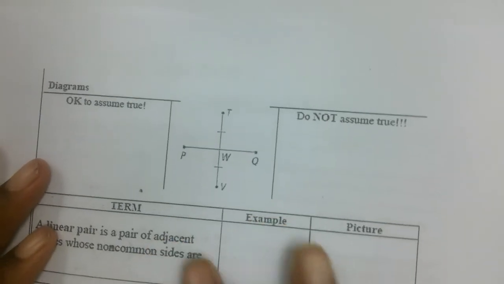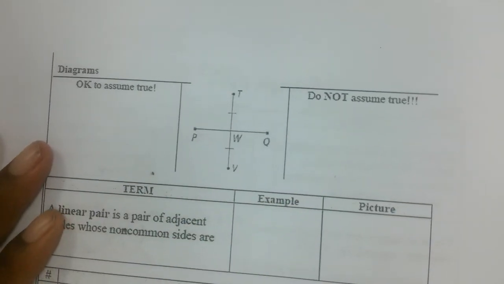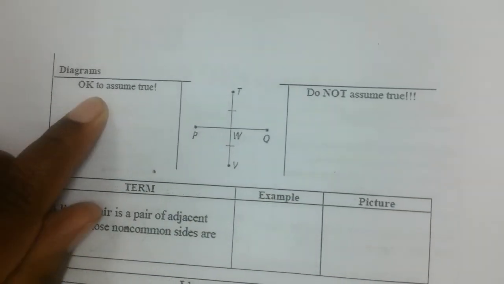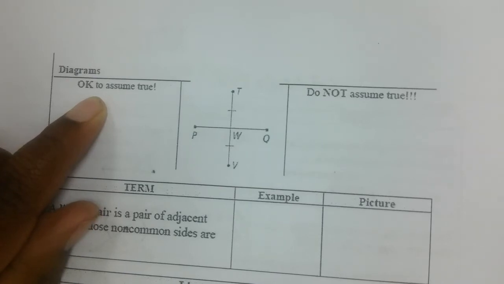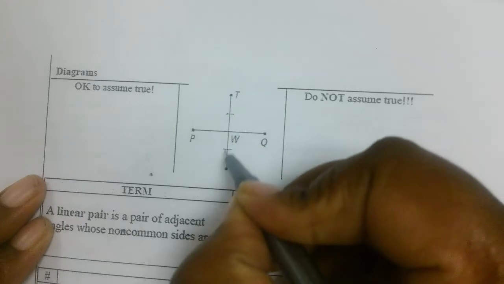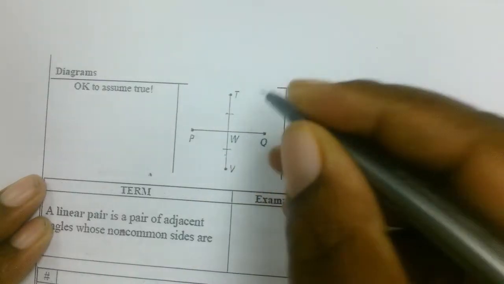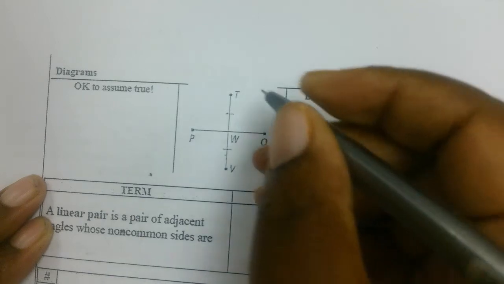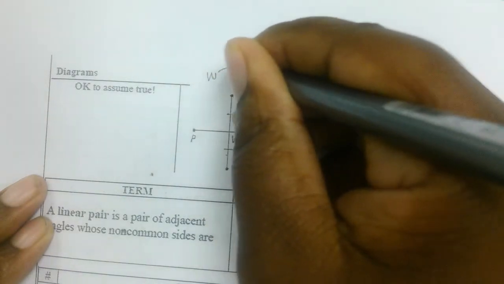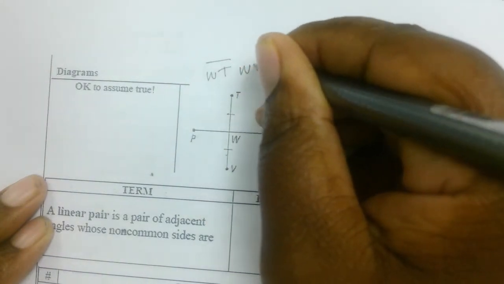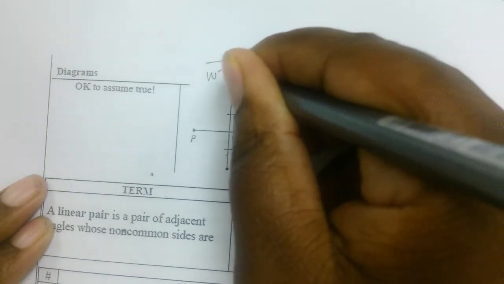So when we get to this backside, it's asking about, okay, what's okay to assume and what can we not assume? So here, when they mark these congruent, we know that they're congruent because they told us that. We're not assuming it, it's something they tell us. So we know that WT is congruent to WV. They gave us that information.